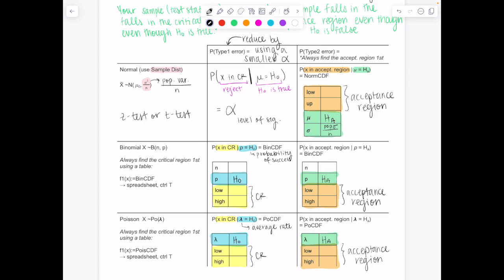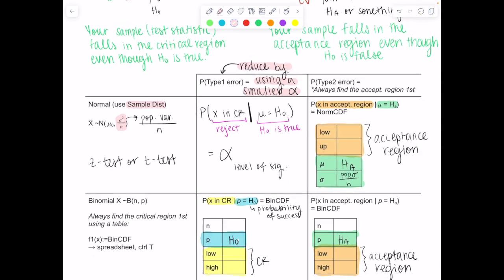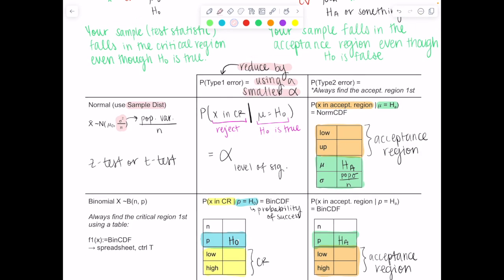For a type 2 error, you are doing a CDF using a value that is given to you for your mean, your lambda, or your probability, depending on the distribution you're using. In order to reduce a type 1 error, you're going to use a smaller significance level, but be careful because that could increase the probability that you make a type 2 error.